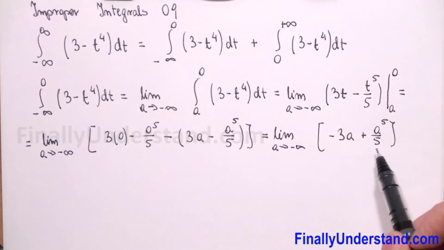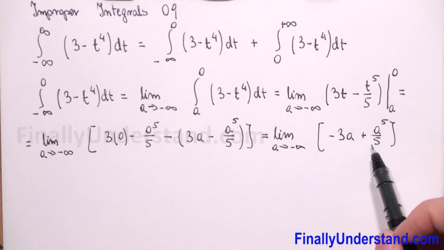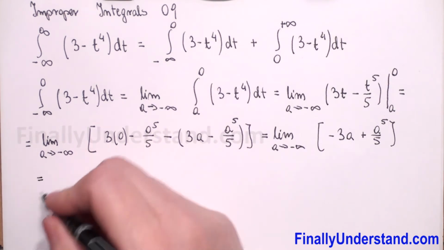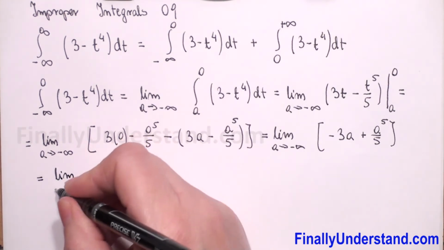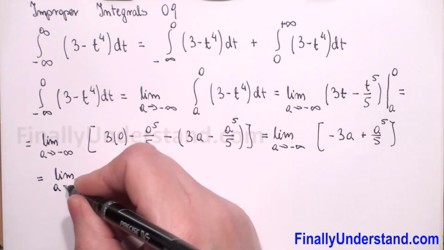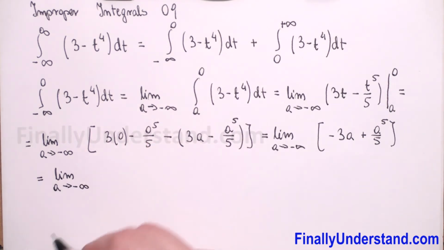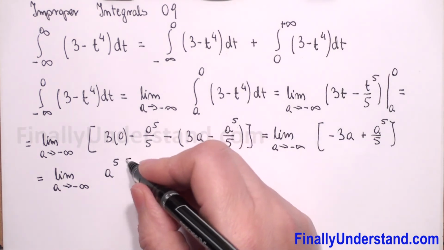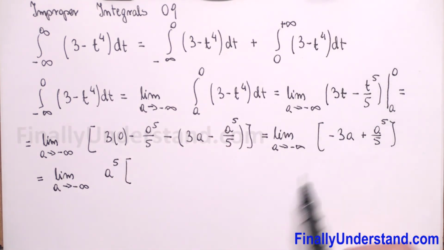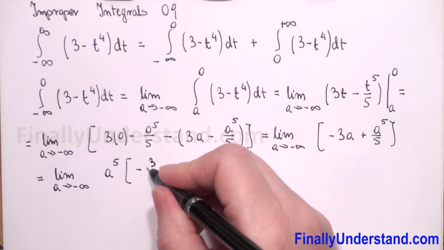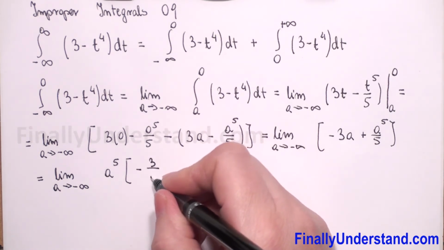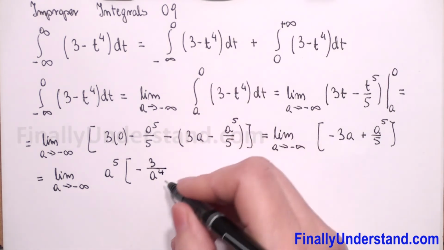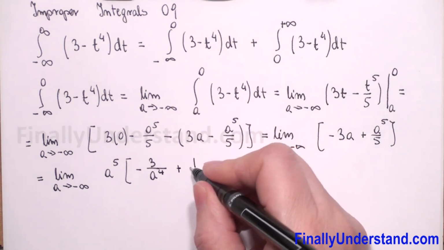So now we factorize a; the highest power is a to the 5th power, so it will be the limit as a goes to negative infinity of a to the 5th before the brackets, and in brackets we will have negative 3 over a to the 4th power, of course, plus 1 over 5.